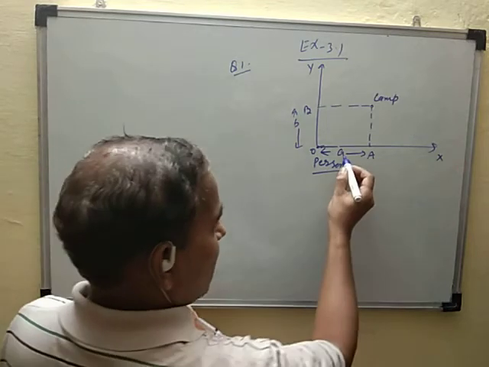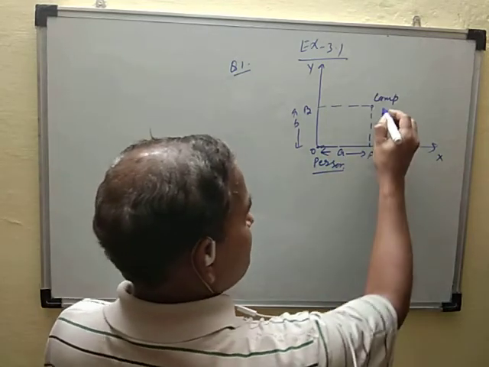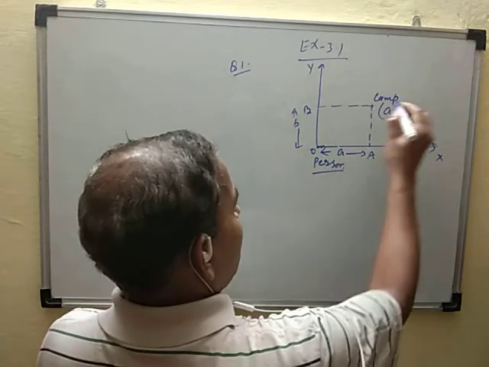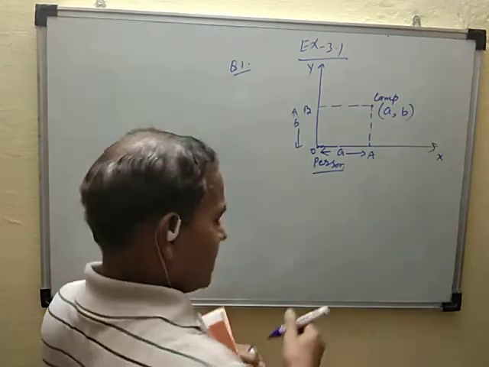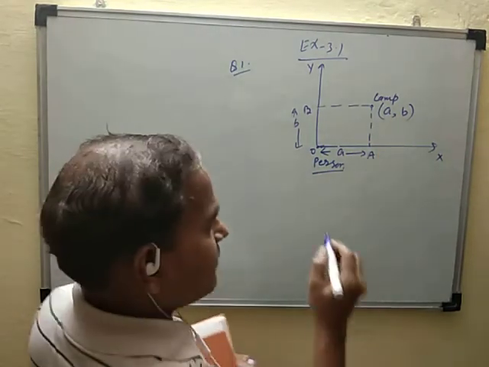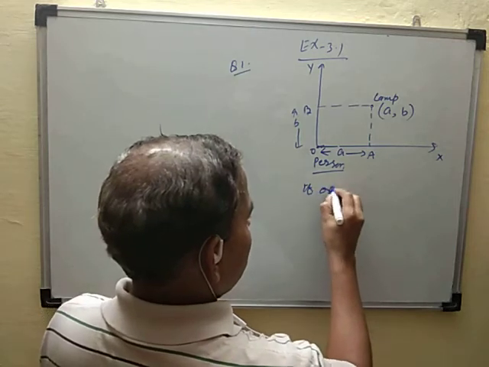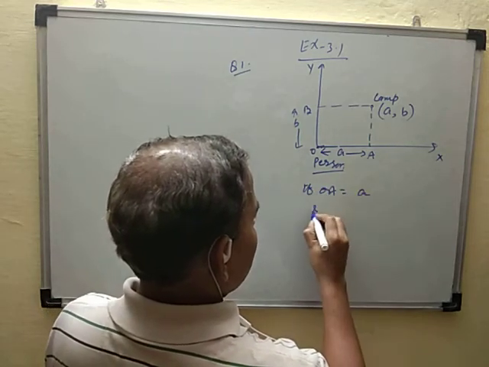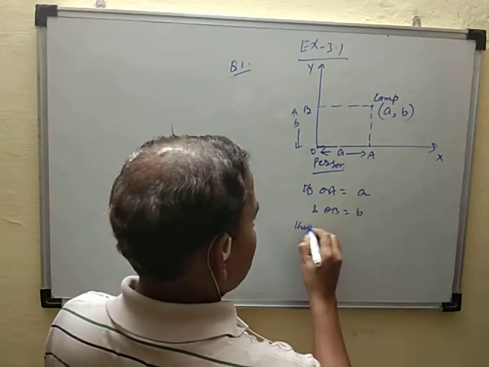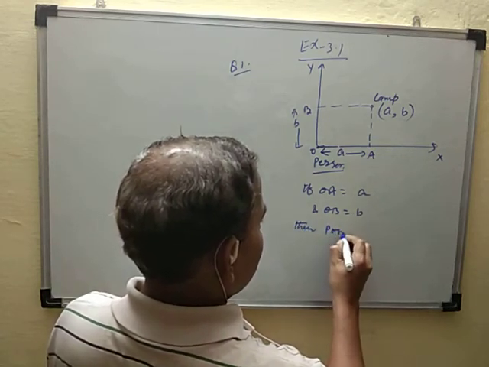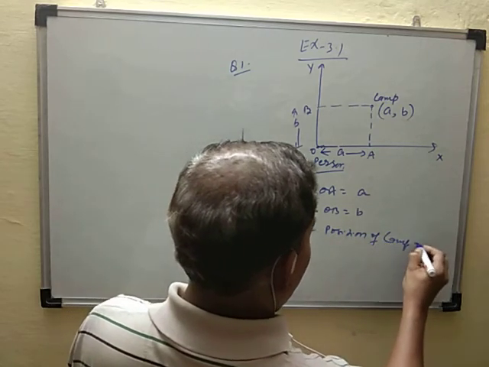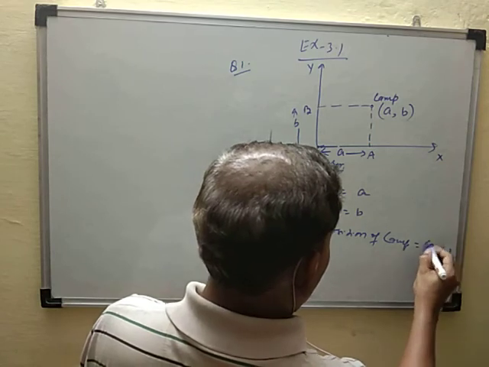So the x coordinate is a and the y coordinate is b. If OA is equal to a and OB is equal to b, then the position of the lamp is (a, b).